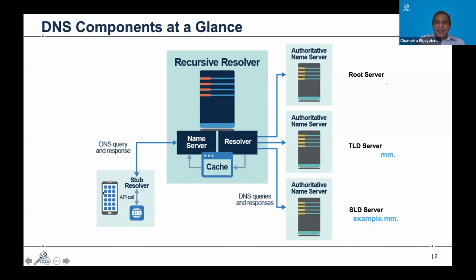We have clients, or stub resolvers. Usually you have a device, your laptop or mobile phone, and in your device you have a stub resolver that does API calls with the applications you're using. If you want to browse a certain website, your stub resolver will need to provide the IP address of that web server to the application.